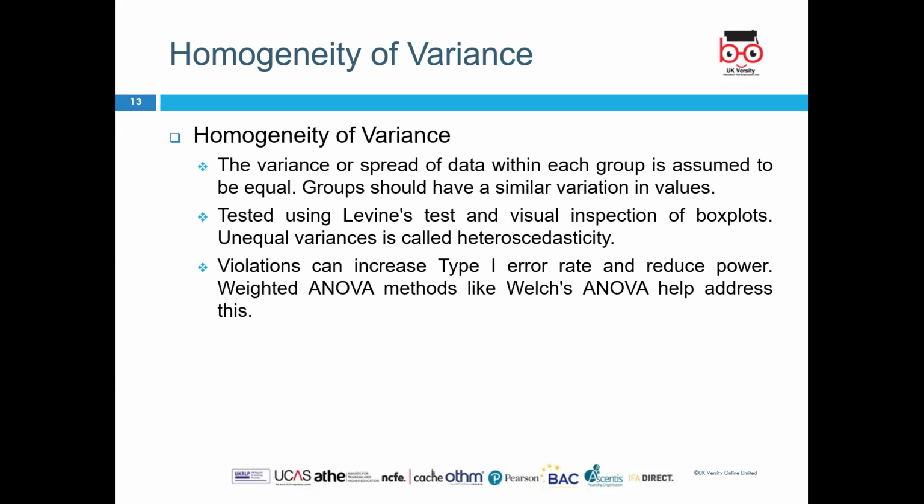Unequal variances is called heteroscedasticity, which should be avoided when you are testing for homogeneity of variance of data. Violations can increase type 1 error rate and reduce power. Type 1 error is incorrectly rejecting the null hypothesis. Then weighted ANOVA methods like Welch ANOVA can help address this.